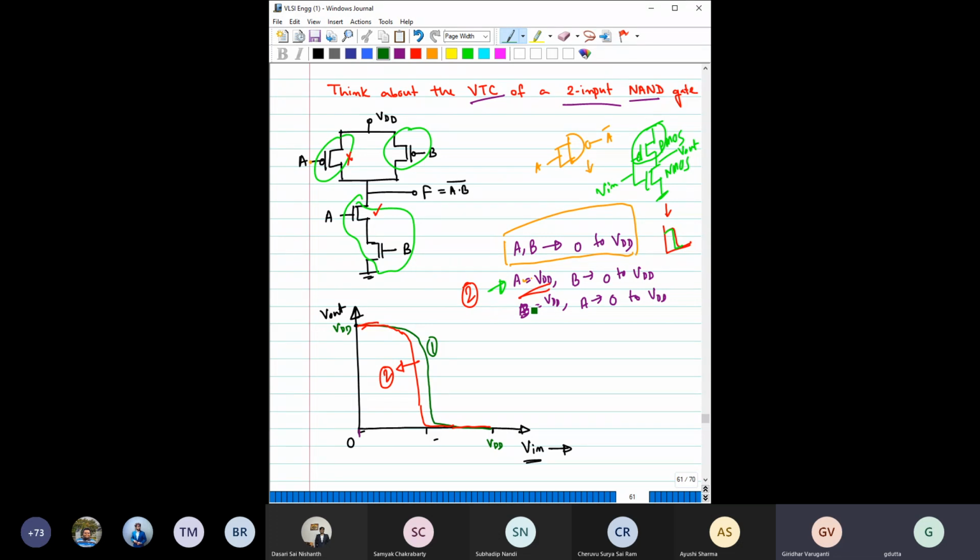For the third case, you can expect that it should be similar to number 2, but it is not actually. There will be slight variation between 2 and 3 because of the body effect. We are not discussing it right now, because remember, this body is connected with the source, and here this body is connected with the ground.